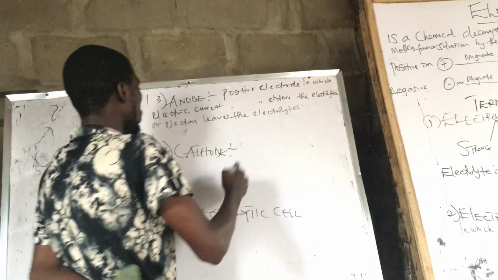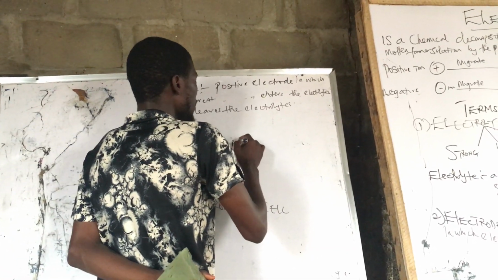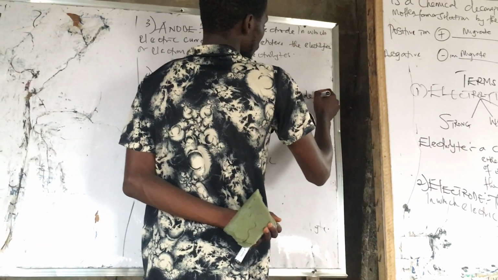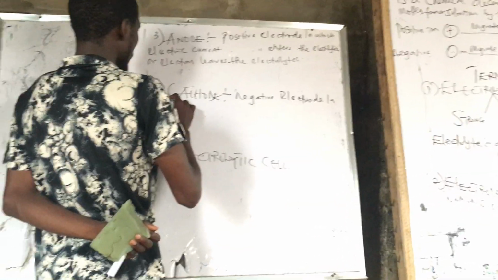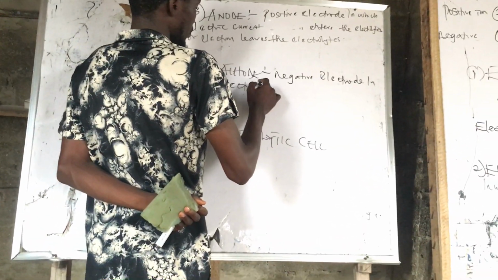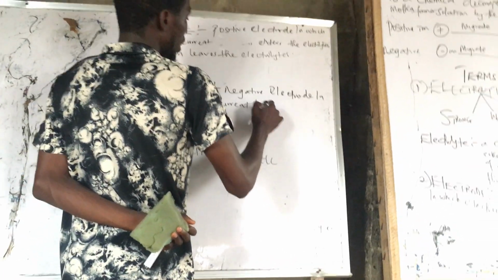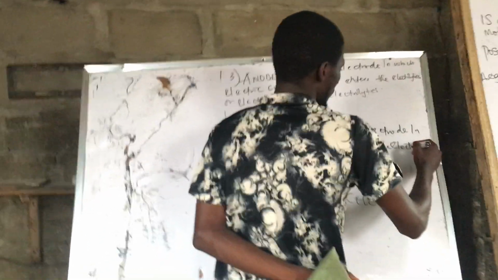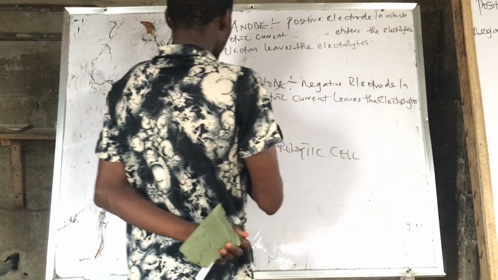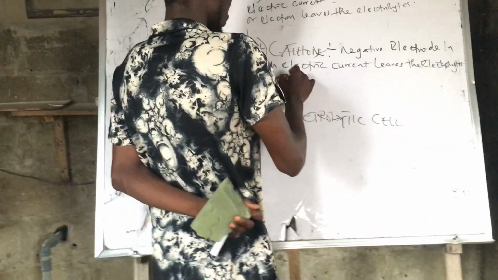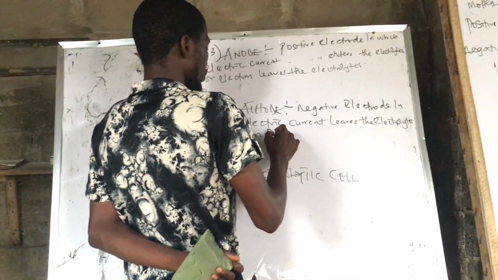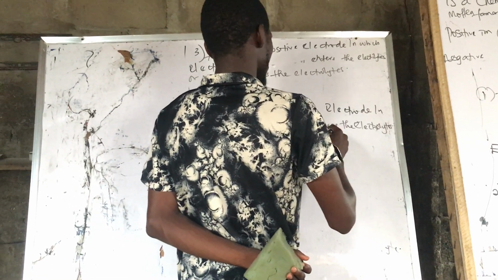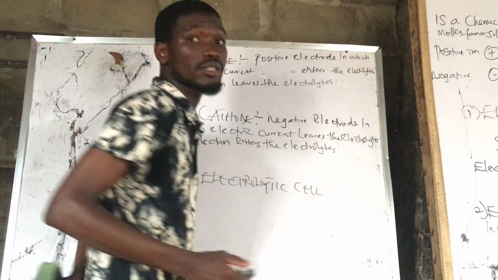Are you with me now? So let's take a look at the cathode. Cathode is a negative electrode in which electric current leaves the electrolyte, or electrons enter the electrolytes.